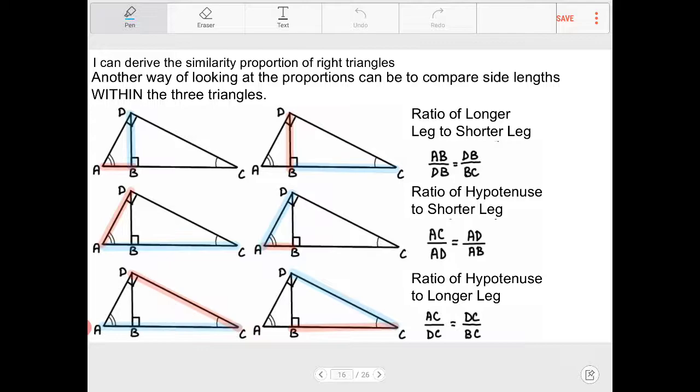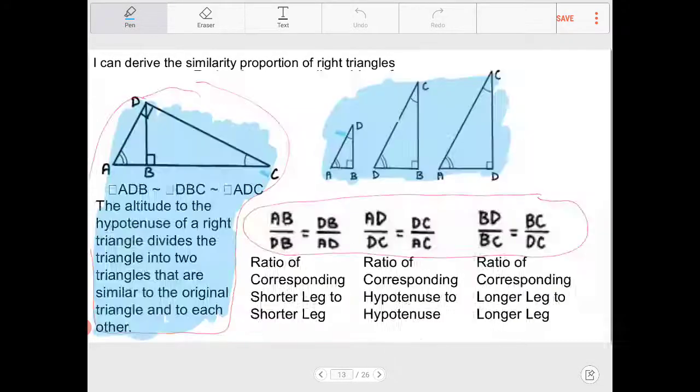So these triangles, we can always form these proportions. And do I expect you to memorize these again? No, because these three proportions stem directly, once again, from what I've highlighted there.